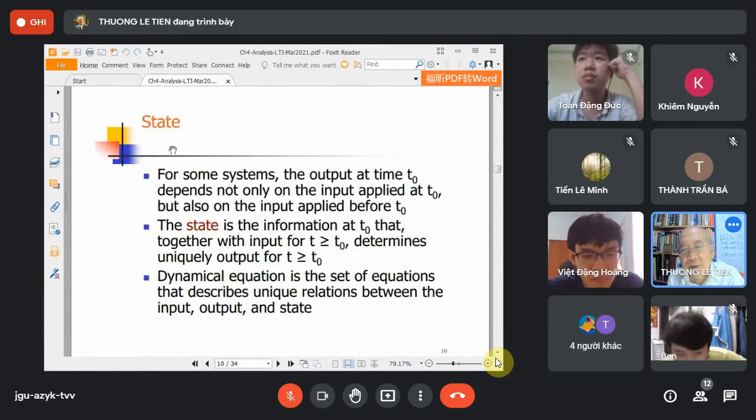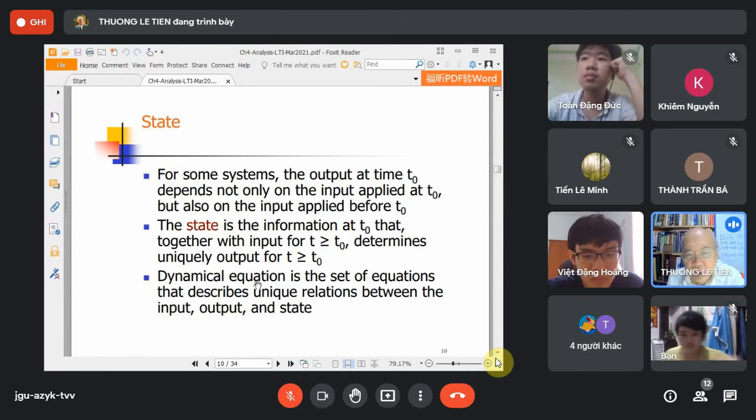Stage. For some system, the output at time t0 depends not only on the input but also on the previous one. The stage information defines this. When you learn in digital technique, I believe that you would very often hear about the stage.